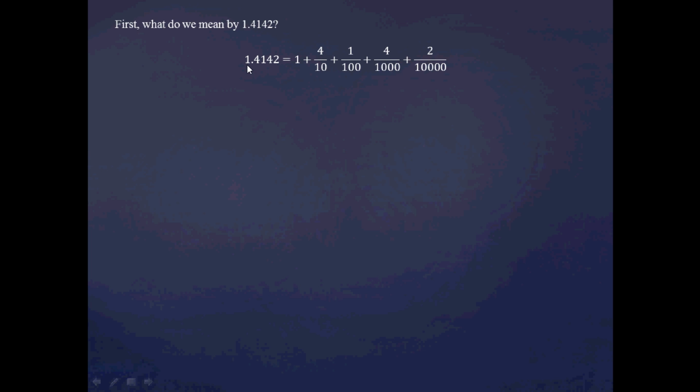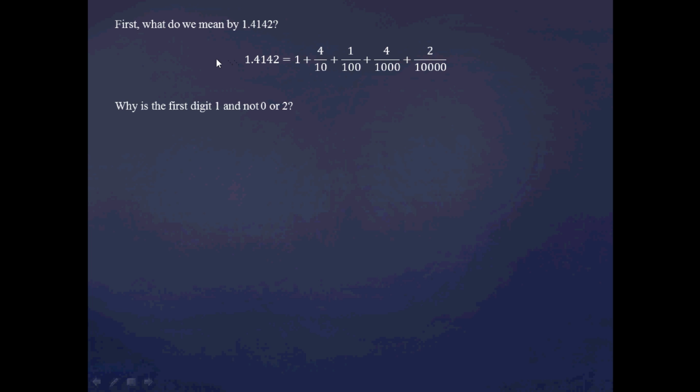And this is why we call it the ones place. The digit in this location is the tenths place, or 10 to the minus 1 place. So this is how many copies of 1 over 10 we take. And this is the 10 to the negative 2 place, the 10 to the negative 3 place, and 10 to the negative 4 place, and so on. And the digit tells us how many copies of that we're taking. So this is our everyday representation of this number in base 10, or decimal.